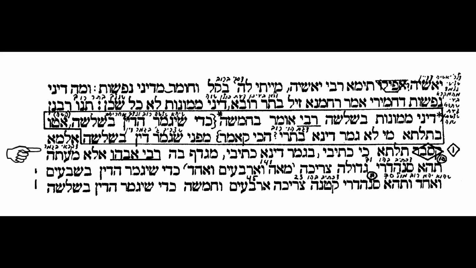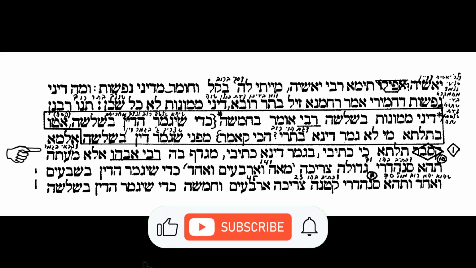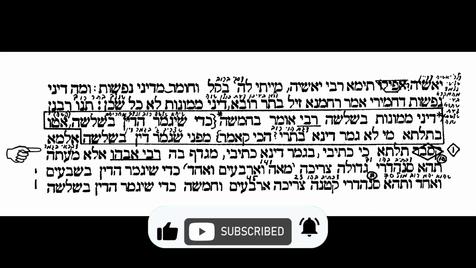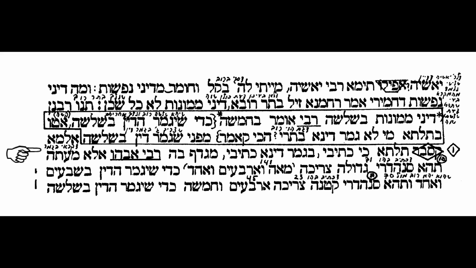So Rabbi Avo asks, Elo me'ata, if it be so that the psukim that refer to numbers are psukim referring to the number required for the gemar din, the determining opinion at the end of the case, Tehei Sanhedrin Gedola Tzricha Mea V'Arboim V'Echad. Sanhedrin Gedola, which the Torah says 71, we saw 70 plus Moshe, hence the Torah requires 71.